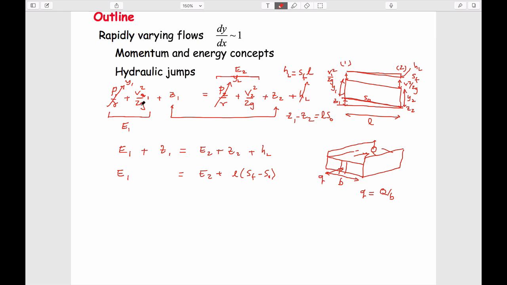And so what we could do is write the velocity in terms of that. And if we did that, then we ended up with this value which we haven't defined. And we could write this magnitude of energy as these two terms, y plus q squared over 2gy squared. So this is derived, of course, from these two terms.